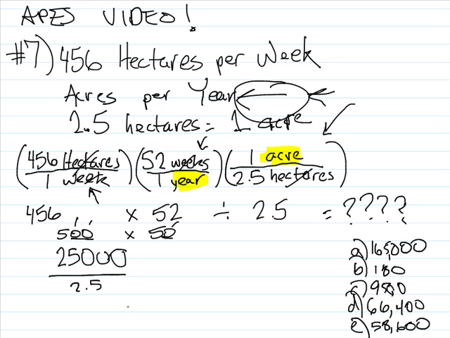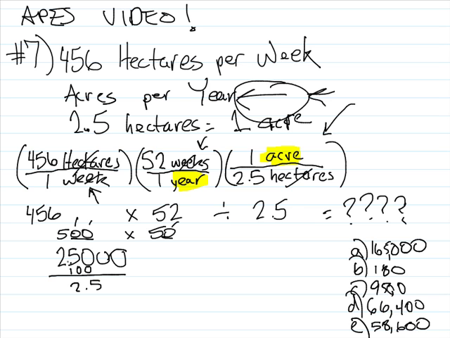This is hard. If I just simply took 25, well, let's make it even simpler. What if I took 2.5 and divided by 2.5? That would be 1. If I took 25 by 2.5, that'd be 10. If I took 250 by 2.5, that's got to be 100.